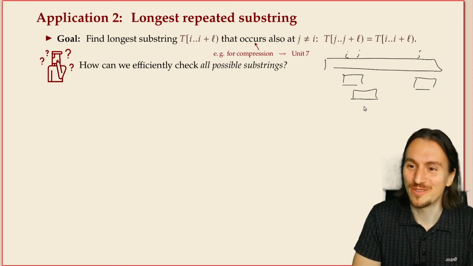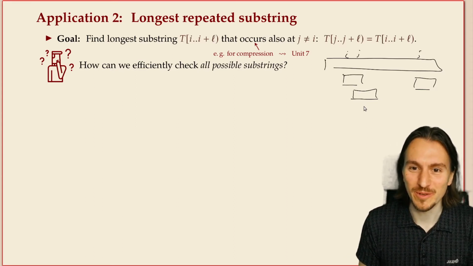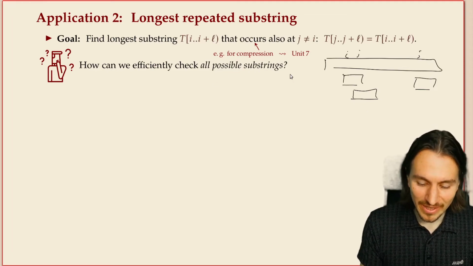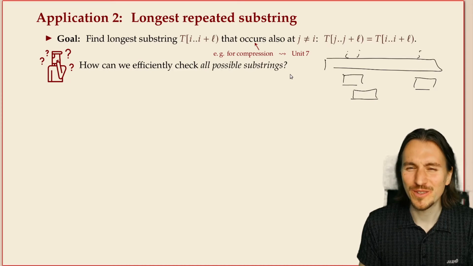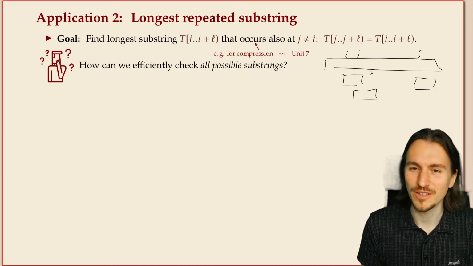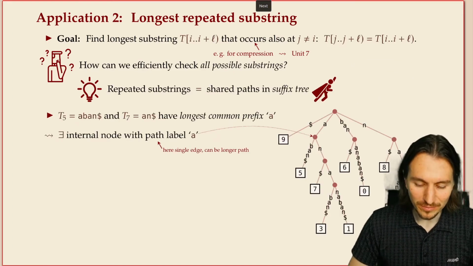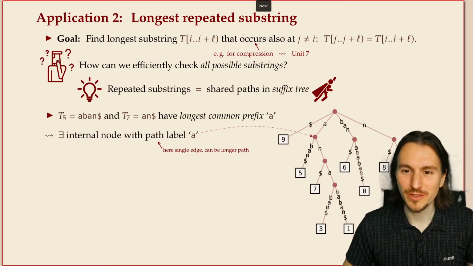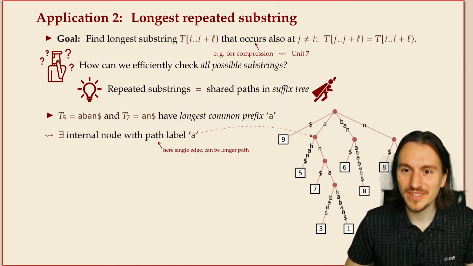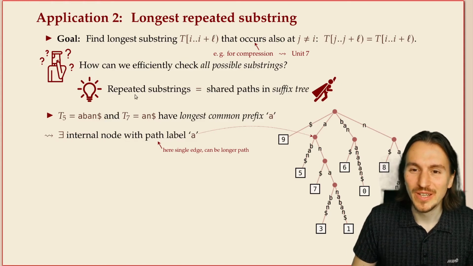Think back to Unit 5. But that's not the main point for this application here. Again, the question seems to be how to do this efficiently. It seems like you have to check all the substrings in the text. But it turns out suffix trees can do this for you. Let me make a remark, and then I'll show you the example.